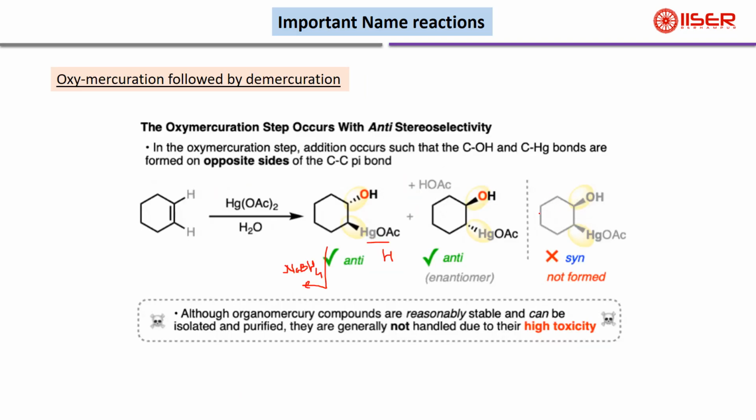But in oxymercuration, it goes through a cyclic transition state, so it forms a cyclic cationic type of compound. Now suppose it has an R group here. Among these two centers, which one is less bulky?